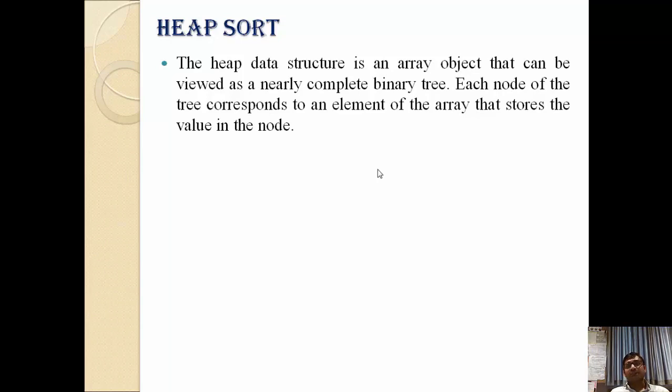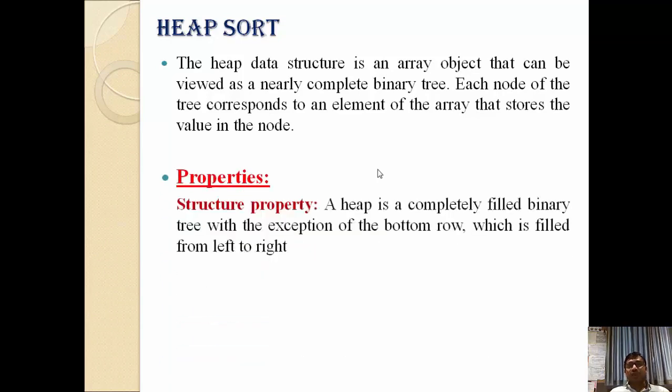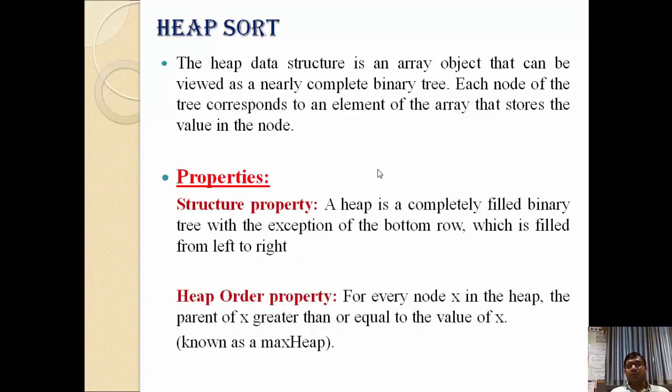Now, the heap data structure has two properties. One is the structure property and the second one is the order property. The structure property says that a heap is a completely filled binary tree with the exception of the bottom row, which is filled from left to right.